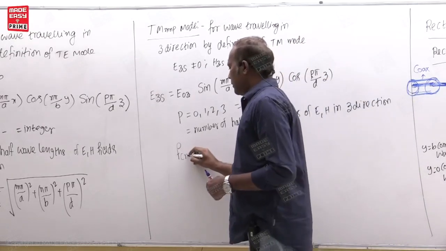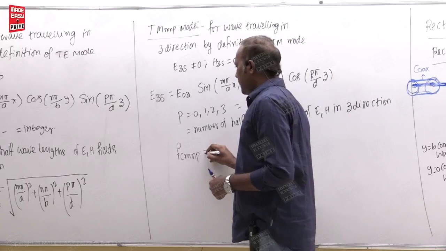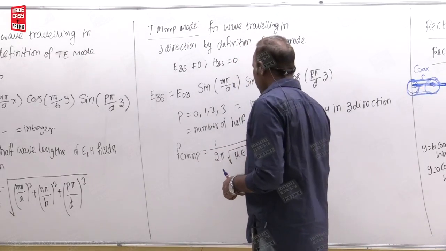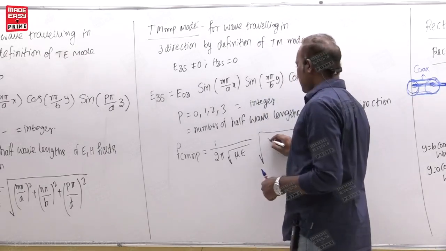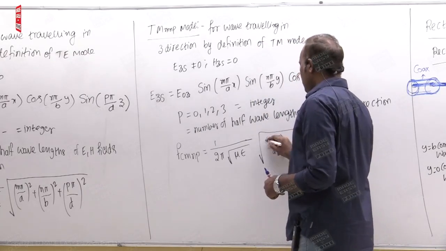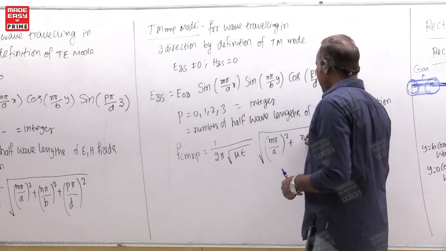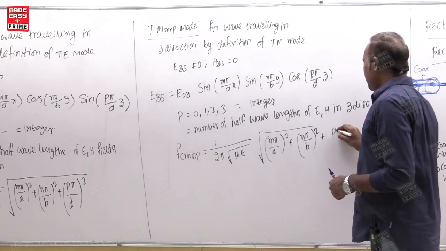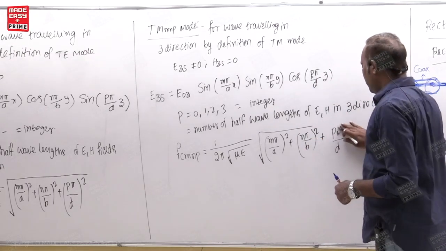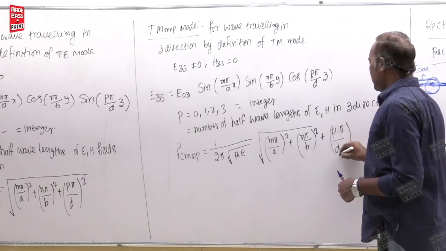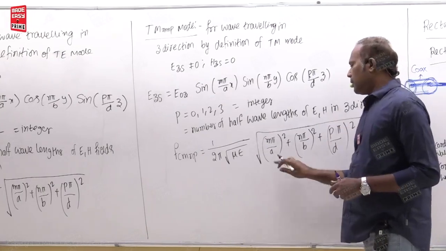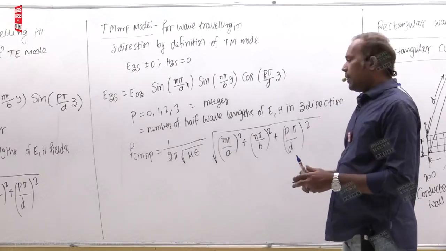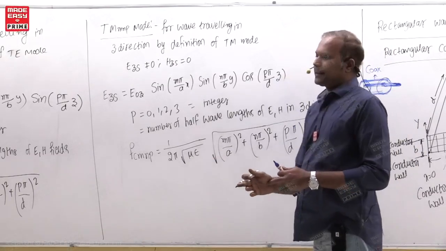Once again here also Fc Mnp is equal to 1 by 2 pi root mu epsilon and root of m pi by A whole square, same formula, n pi by b whole square plus p pi by d whole square. So here students, this is A. If it is the air field, then mu naught epsilon naught you have to take.